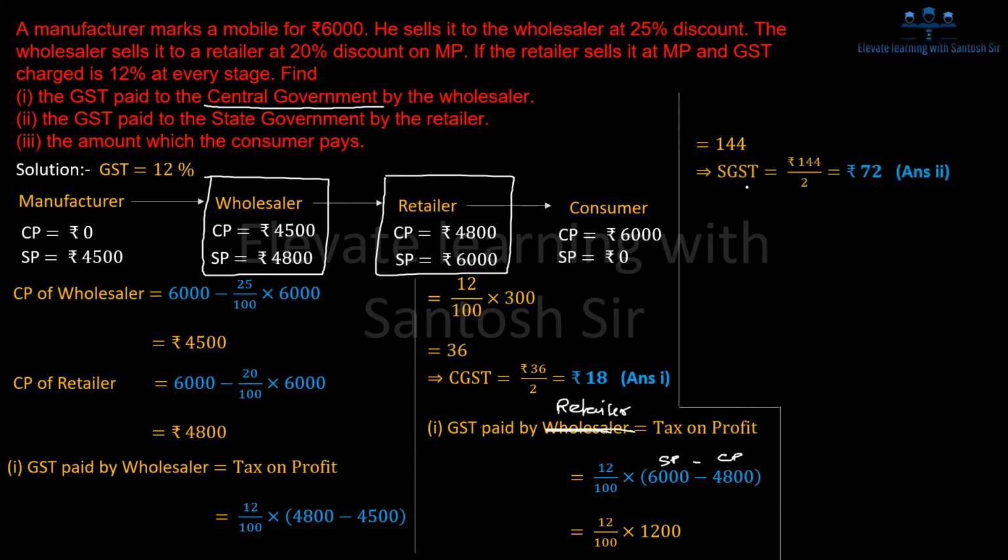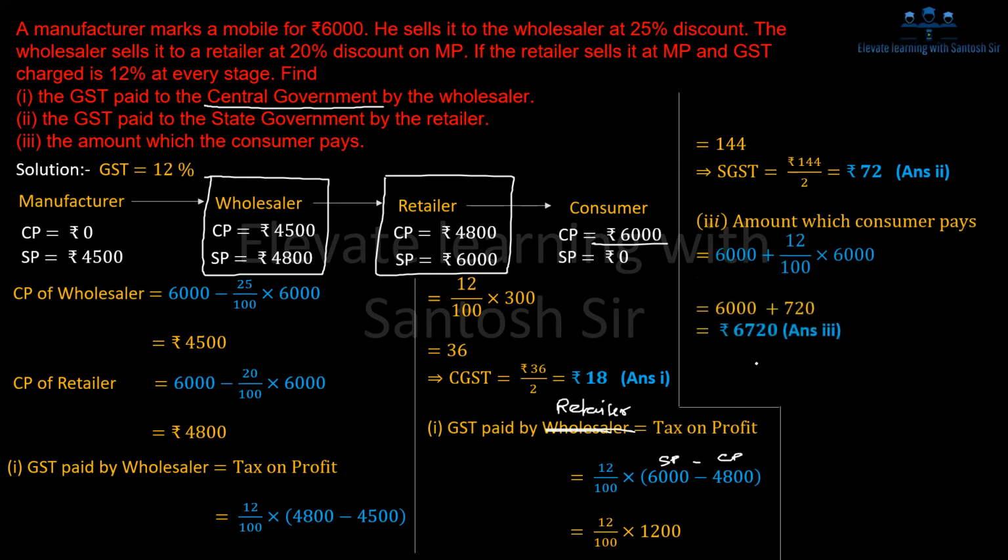Now SGST, that is the GST paid to the state government, will be half of rupees 144, that is rupees 72. Amount which consumer pays for the product, that is 6,000 rupees his cost price plus 12% tax on rupees 6,000. So total of rupees 6,720 is paid by the consumer. So we complete this question.